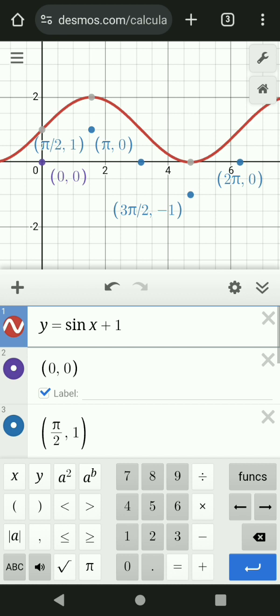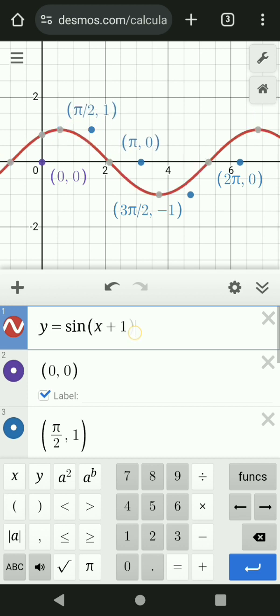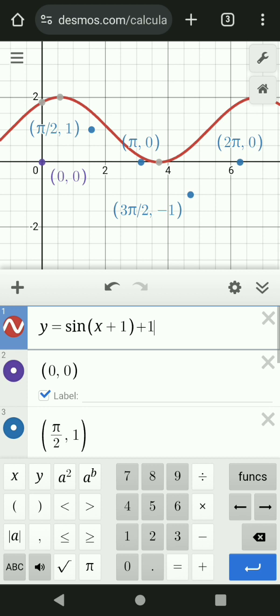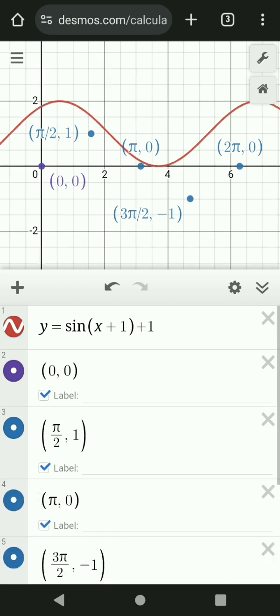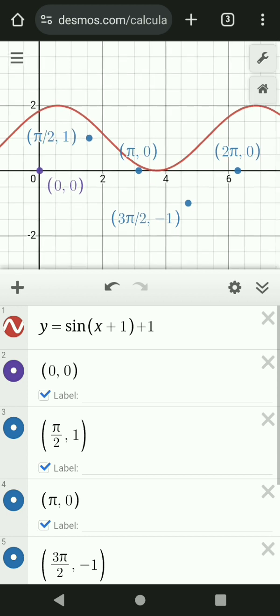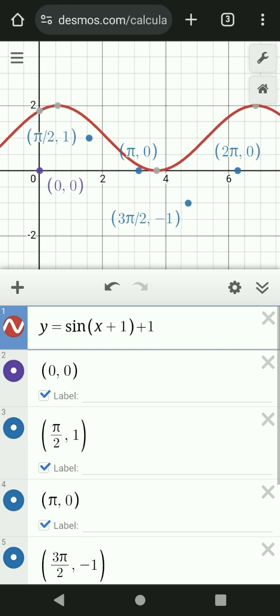Now, what if we manipulate the range? If we manipulate the range, you see that one, it moves 1 unit to the right.